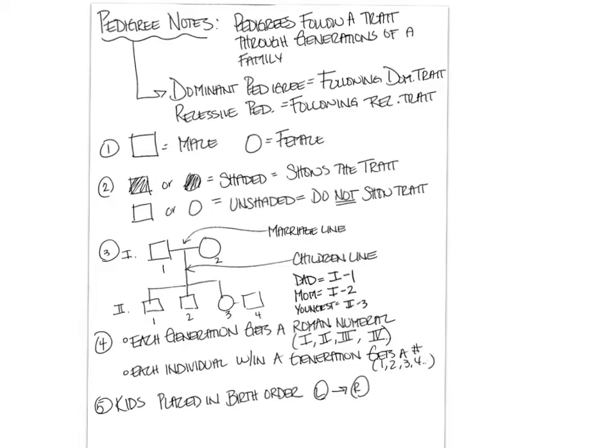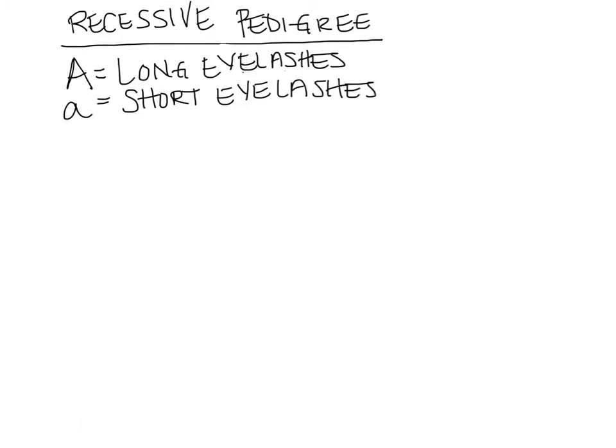Okay, we're now going to do an example of a recessive pedigree. Just like any other genetics problem, you always need to start off by giving me a key. In this case, big A is long eyelashes and lowercase a is short eyelashes, so long eyelashes are dominant to short eyelashes. In the word problem, a man with long eyelashes marries a woman with short eyelashes.